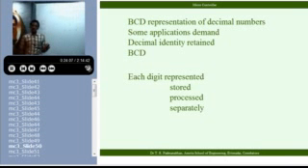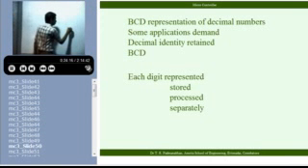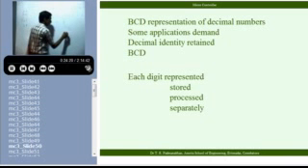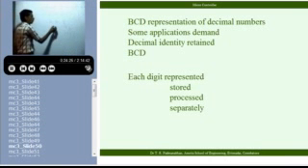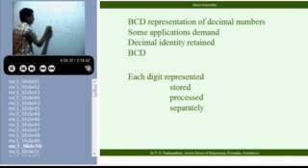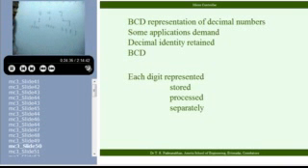You retain the identity of every digit separately. 7 you represent as the binary number 0111, 4 as 0100, and 8 as 1000.